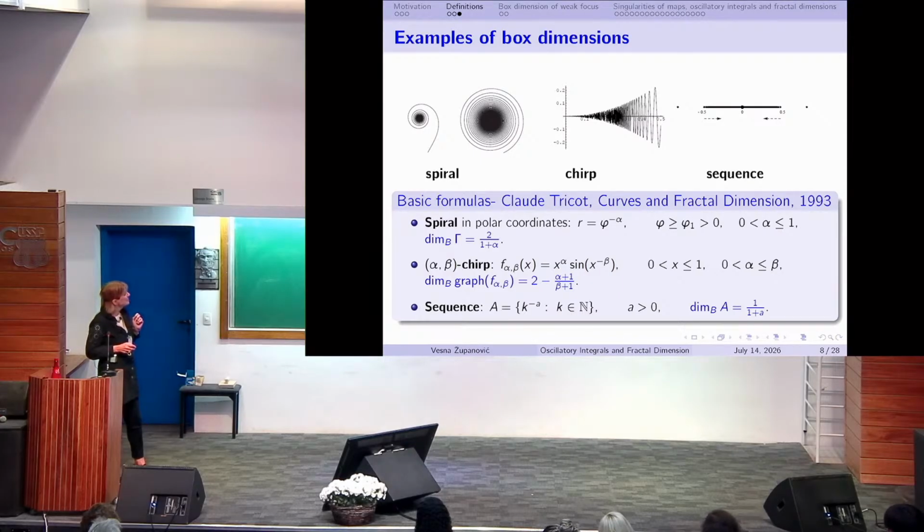Chirps are also, it's the same thing for alpha equal to beta. So this is chirp. And this for sequence, it's in fact, it's not from the book, it's well known. It's for high school students. You can try it. A equal to 1, 2, 3. High school student could obtain this formula.